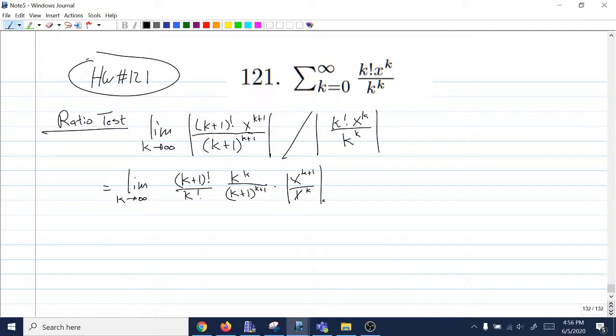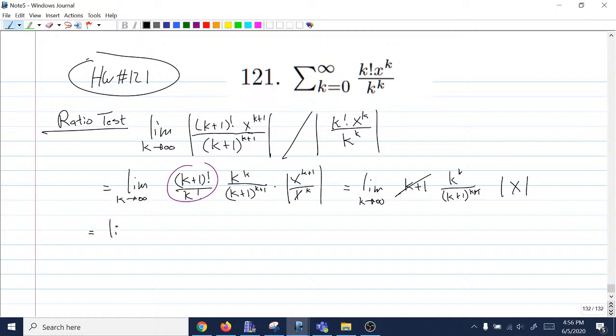These ones are in absolute values. Okay, first off, this cancels to make a k plus 1. One of these k plus 1s cancels with one of those k plus 1s on the bottom. x to the k plus 1 over x to the k is just absolute value x.